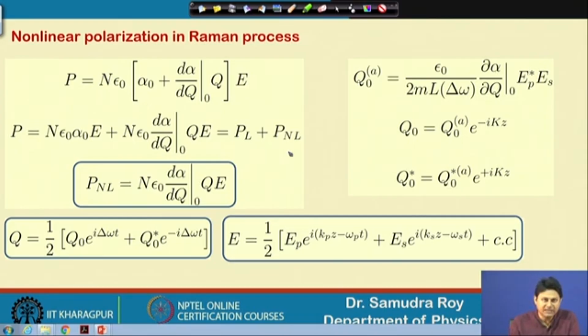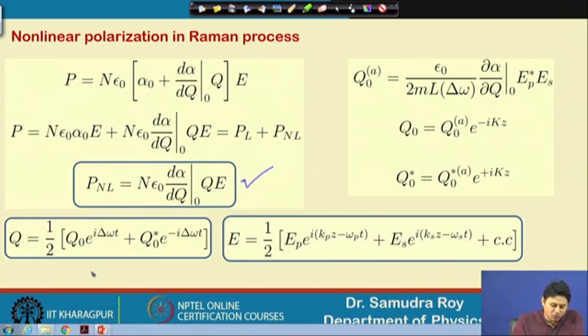The nonlinear part contain this q term, and P nonlinear is defined in this way, where q and E are multiplied. Next, we need to find out what is my q and E.